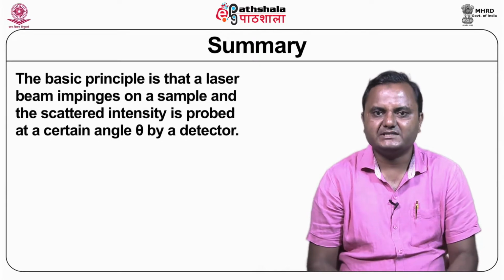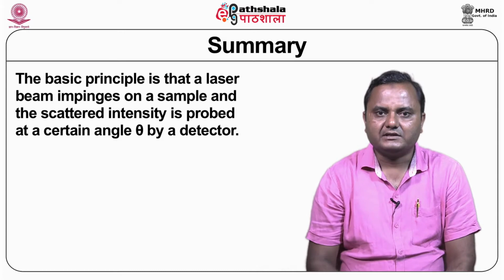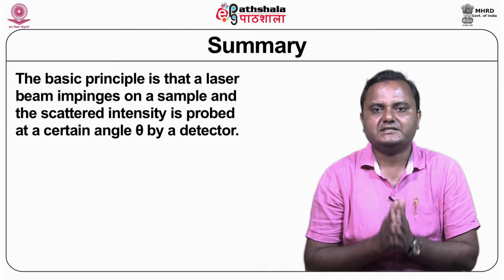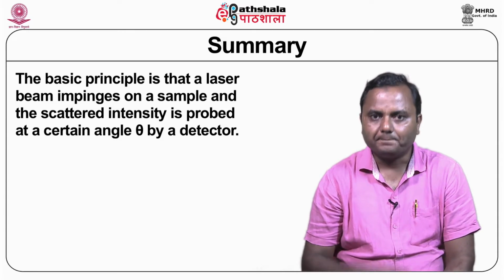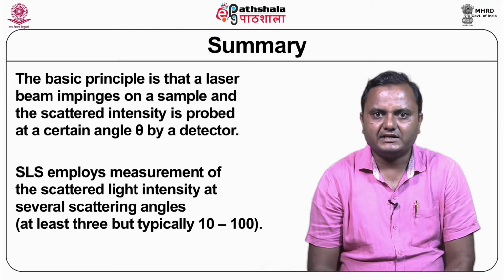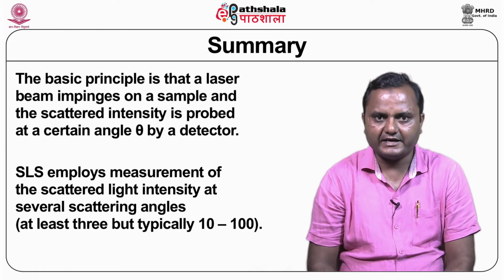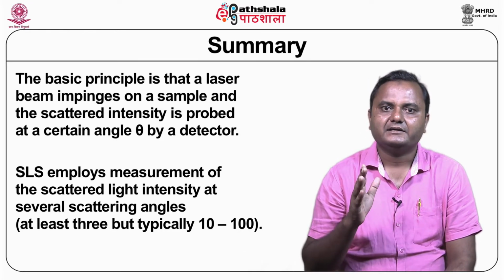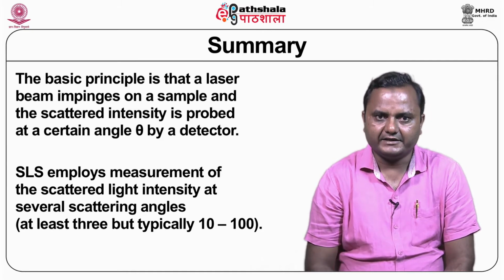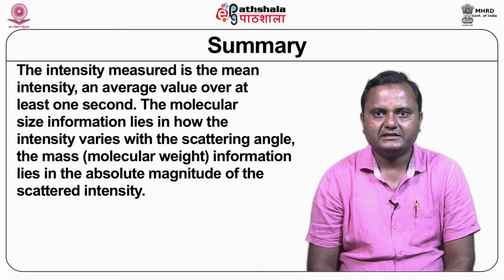The basic principle is that a laser beam falls on the sample and the scattered intensity is probed at a certain angle by the detector. SLS implies measurement of the scattered light intensity at several scattering angles, at least, but typically 10 to 100 degrees. The intensity measured is the mean intensity, an average value over at least 1 second.